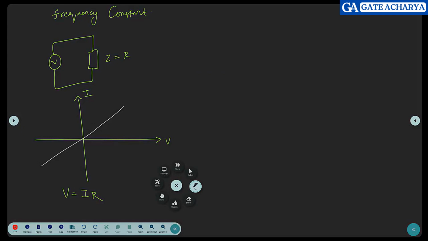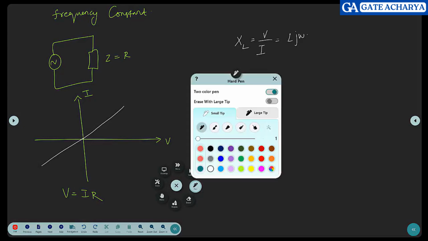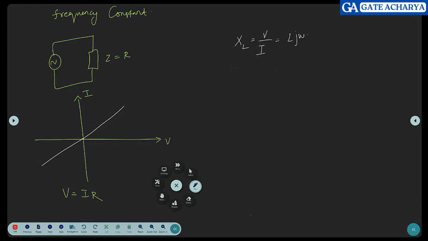Now, if it is an inductor, XL means V by I. V by I is called impedance. So XL is L j omega. Now, what can you say about the V and I relation for an inductor? When V increases, what happens when the frequency is constant?